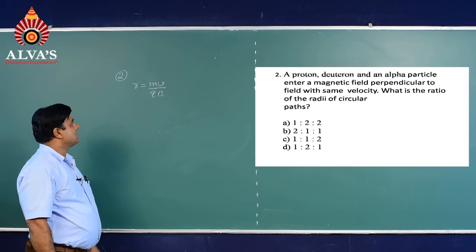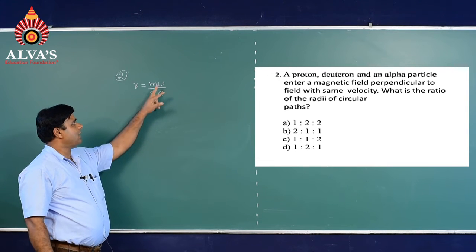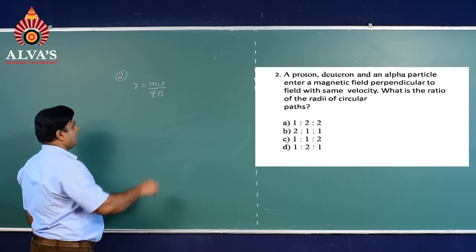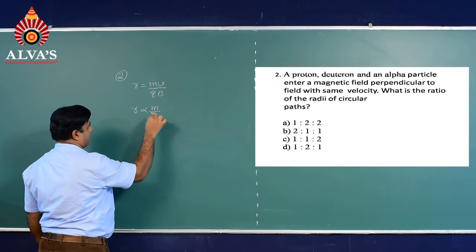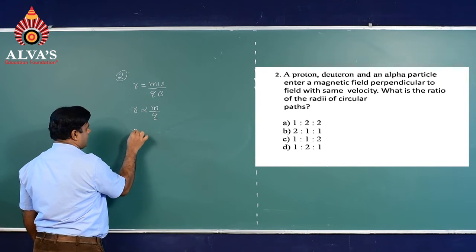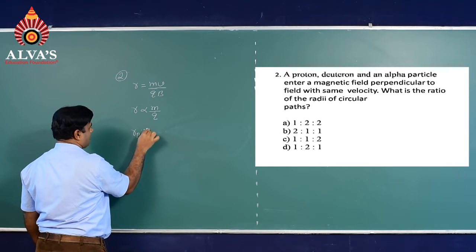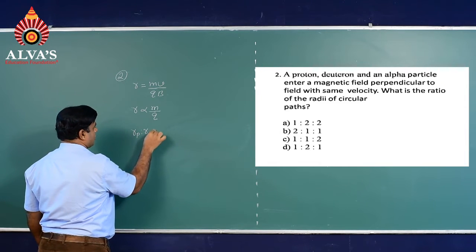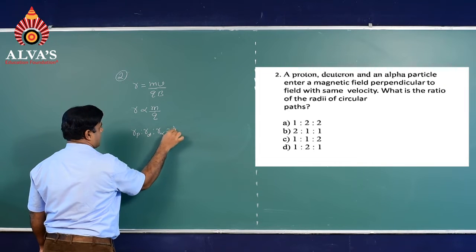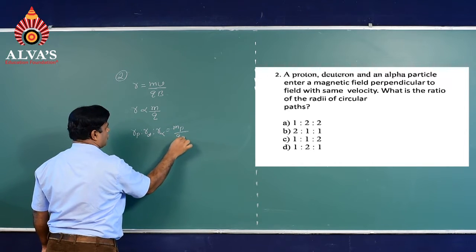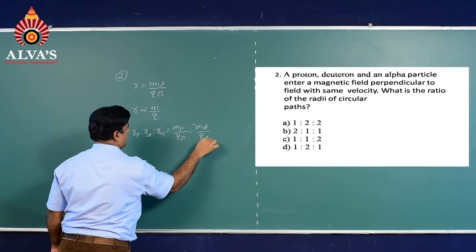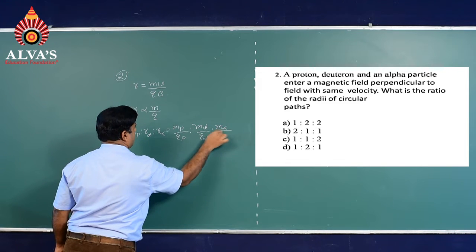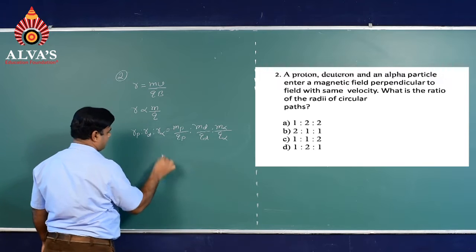All the 3 enter the same magnetic field b and with the same velocity. So, v constant, b constant implies r proportional to m by q. Therefore, radius of proton is to radius of deuteron is to alpha is mp by qp is to md by qd is to m alpha by q alpha.